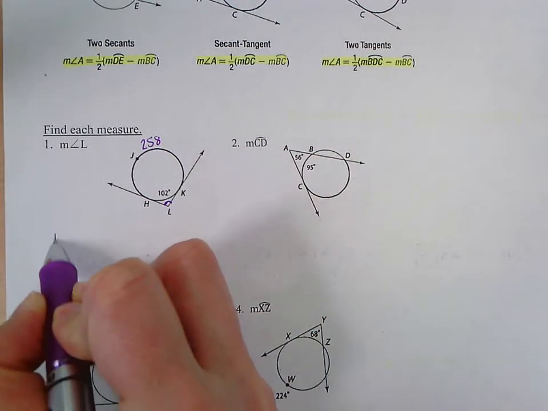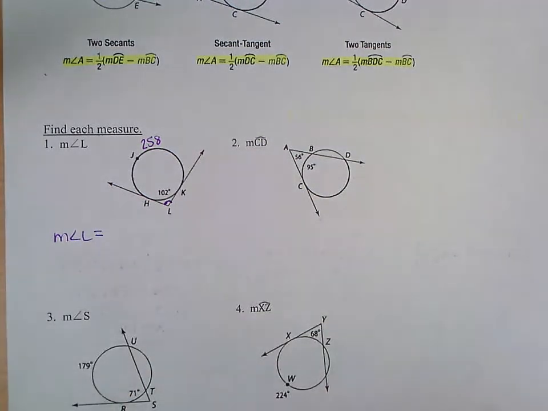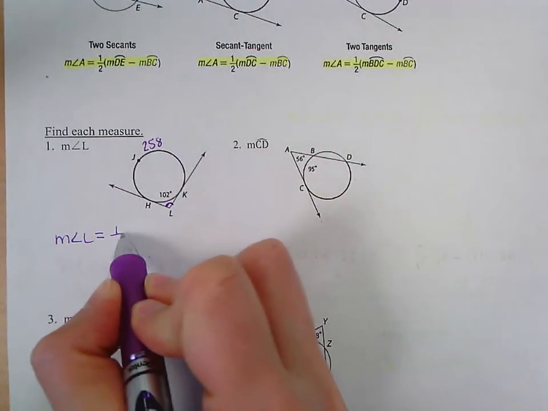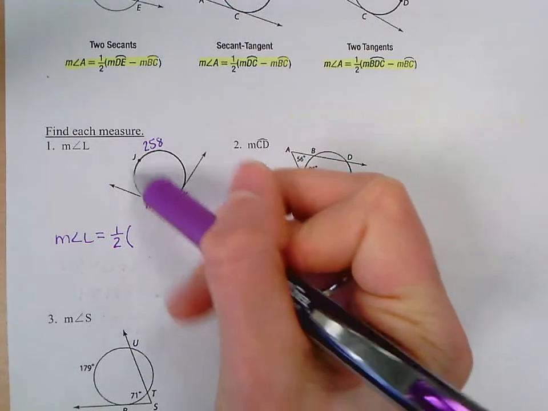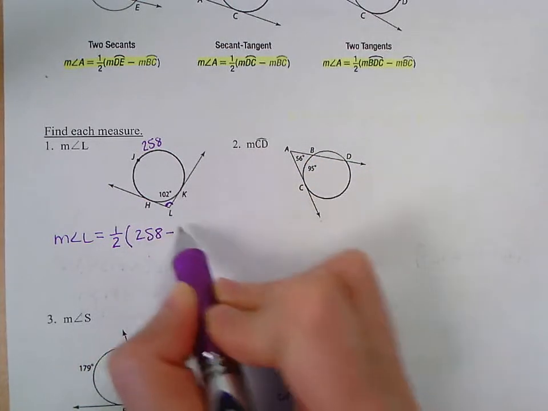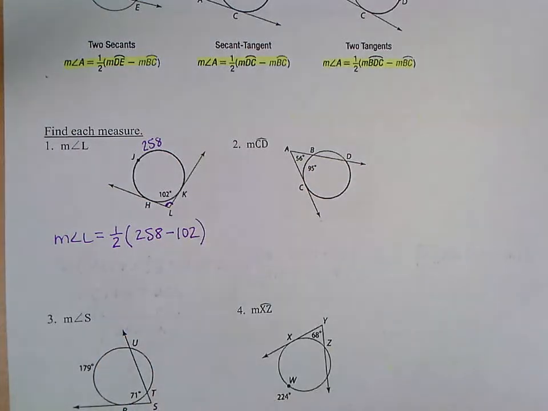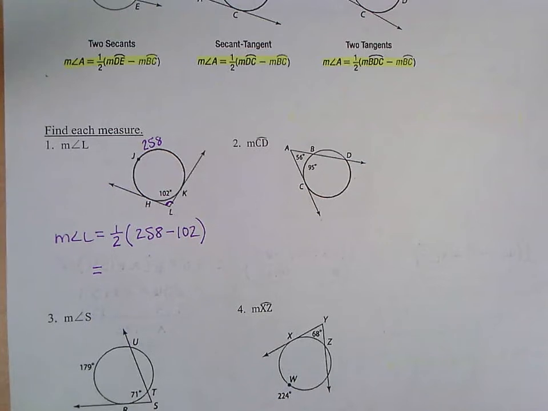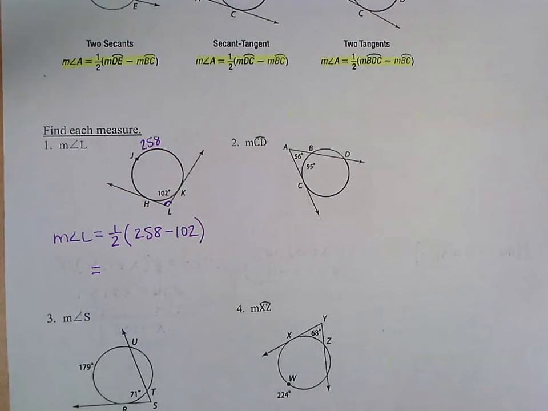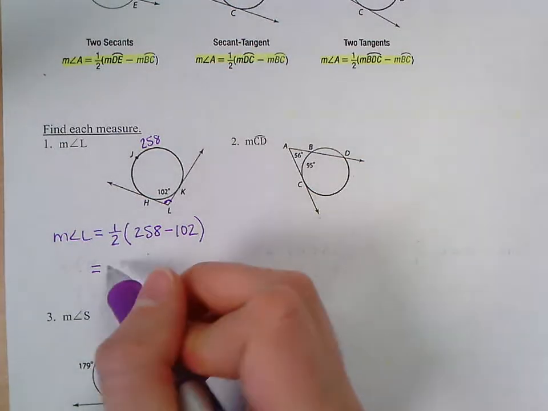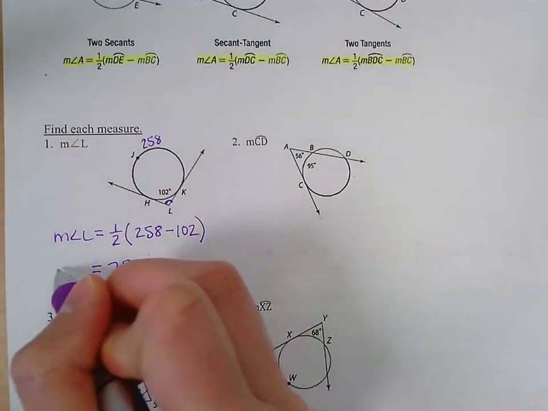So then the measure of angle L, applying the formulas that are above, is going to be half of the larger arc, 258, minus the smaller arc, 102. So again, subtract them first and then divide it in half. If you subtract them, you get 156 divided by 2, which gives you the angle measure of 78.